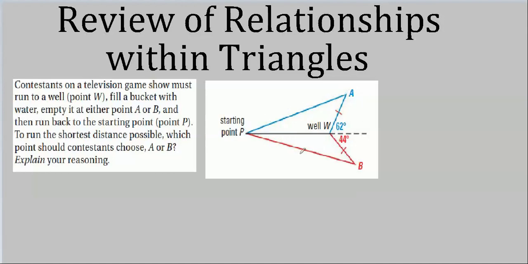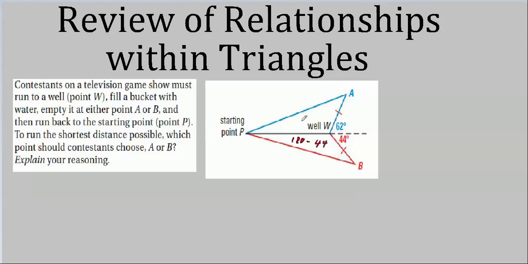Now, these are the sides, if you want to call them that, we're concerned with. So what we're concerned with really is this angle and this angle. Now, this angle and this angle would be supplementary because this is a straight line. So this angle right here is 180 minus 44.